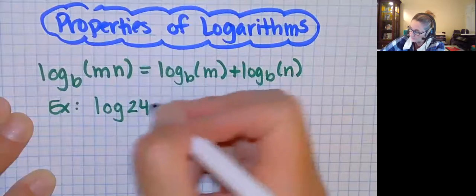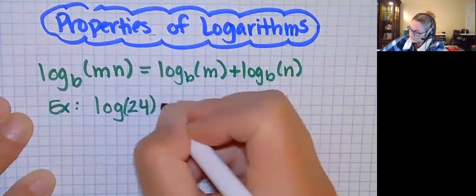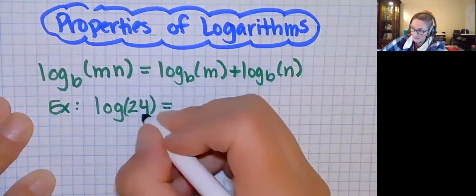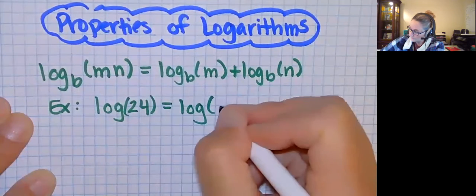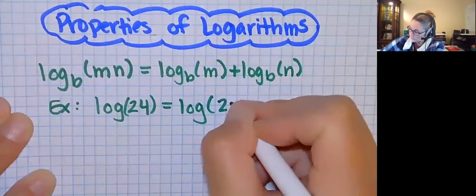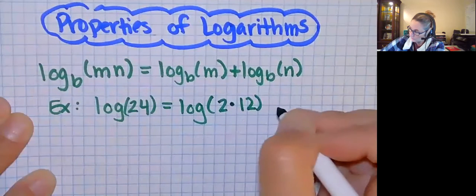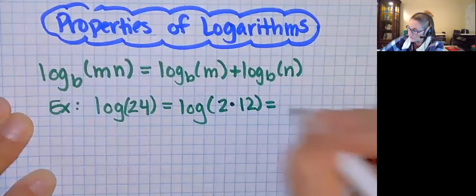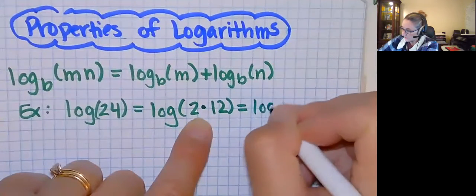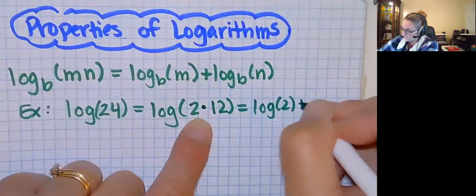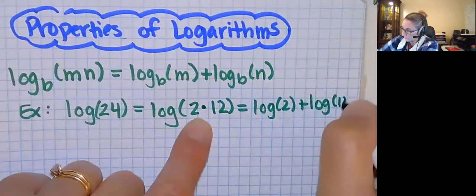So this is really log of 2 times 12, which means I could really rewrite this as log of 2 plus log of 12.